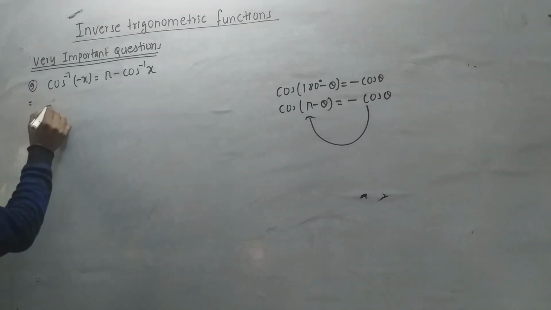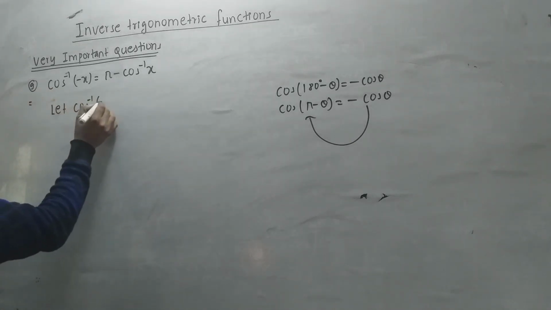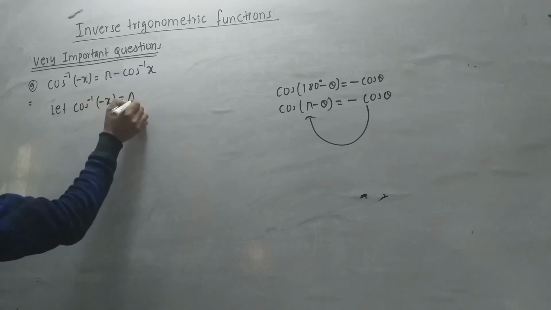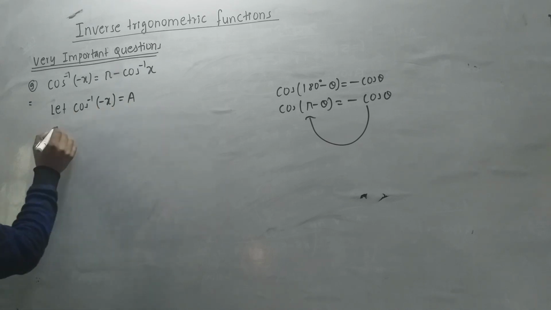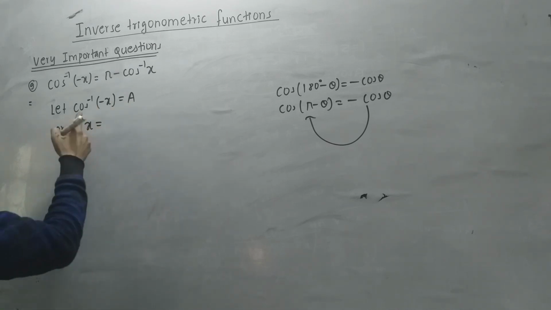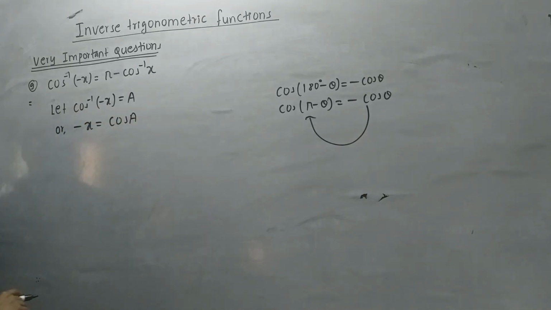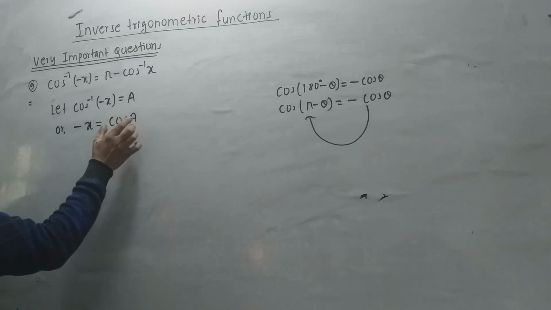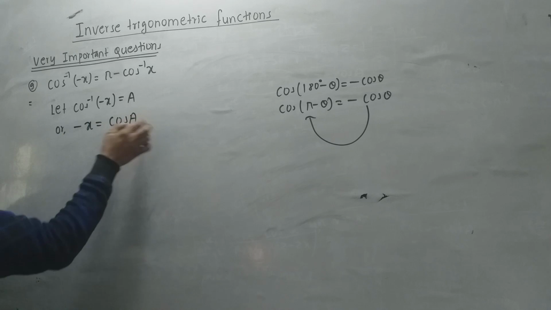So now for this, let cos inverse of minus x be equal to a. Now take this cos inverse to the right hand side. So minus x equals cos a. Now transfer this cos a to the left hand side and minus x to the right hand side.